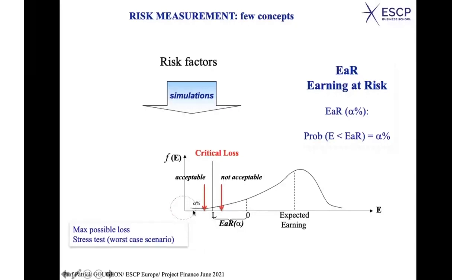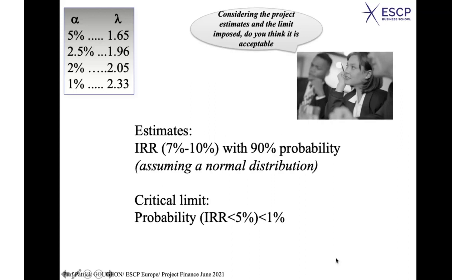Well, now how to use this? Maybe we can look at a few simple cases to make sure that you have a clear understanding of that. Let's assume, to take a simple case rather than a full curve, that you have an estimate that leads to the conclusion that there is a 90% probability to have an internal rate of return between 7% and 10%.